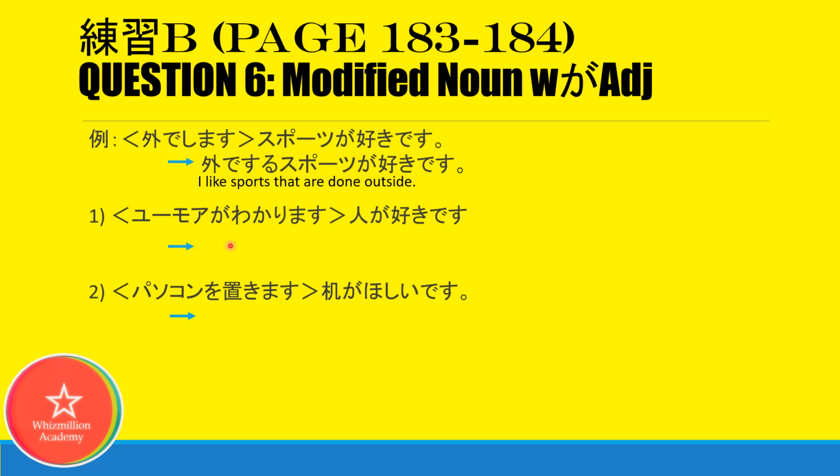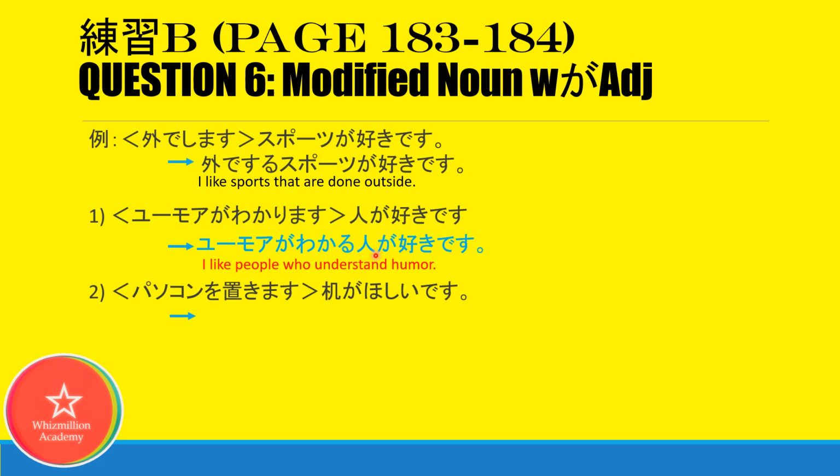ユーモアがわかります。人が好きです。ユーモアがわかる人が好きです。I like people who understand humor. Once again, over here, I like a person that understands humor, not just any person.